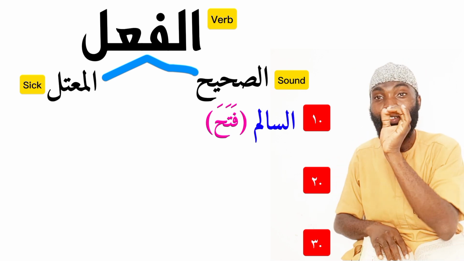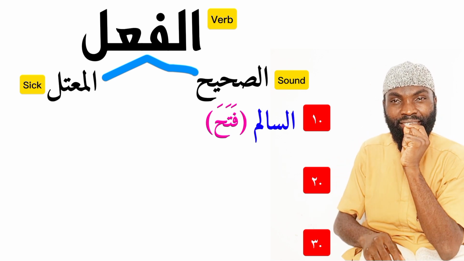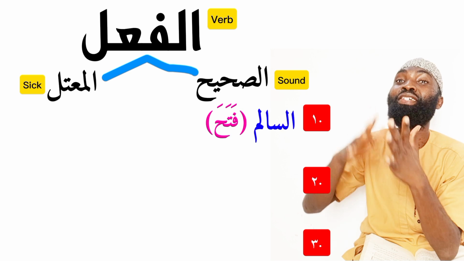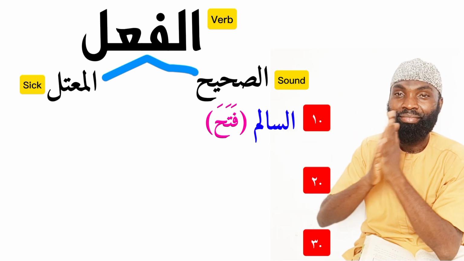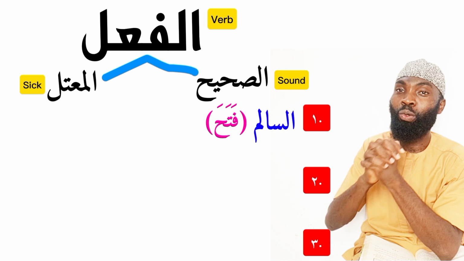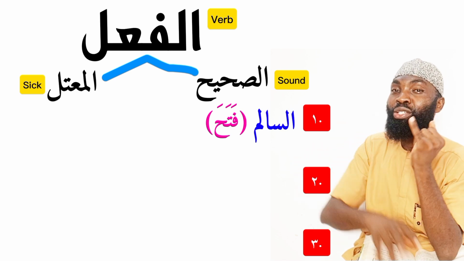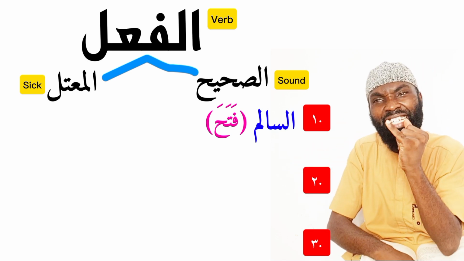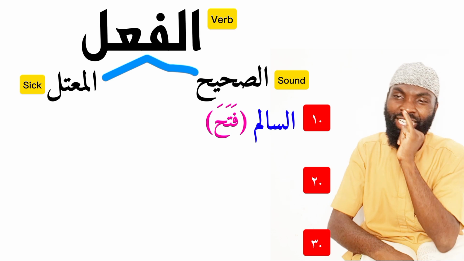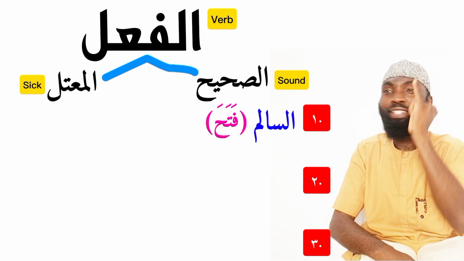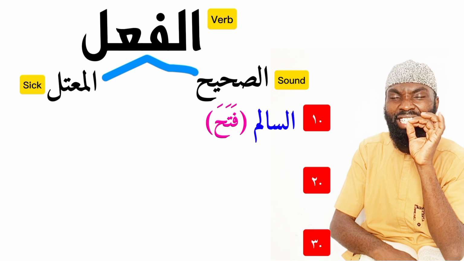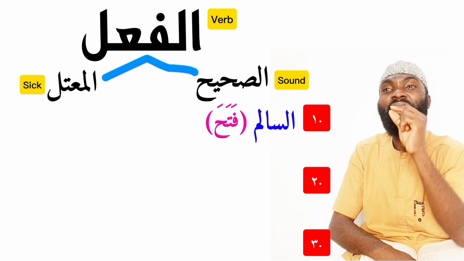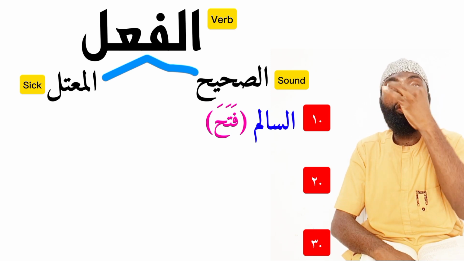Even though hamza is considered to be a sound letter, it is not as sound as other letters. Just take it this way. So al-fi'l salim, they are any verb in the Arabic language which, number one, do not have any of their letters as hamza. The second thing that makes them al-fi'l salim is that none of their letters is doubled. You cannot see that any of the letters is repeated or doubled.